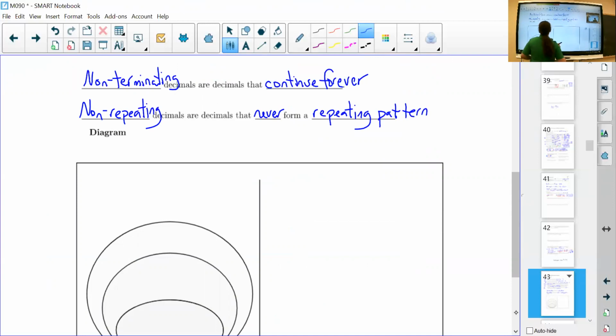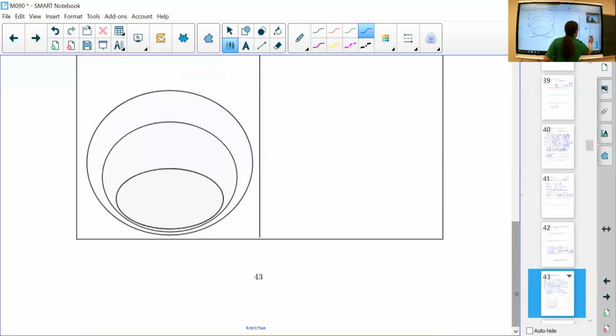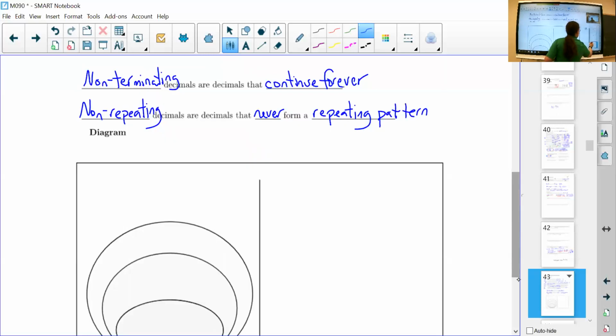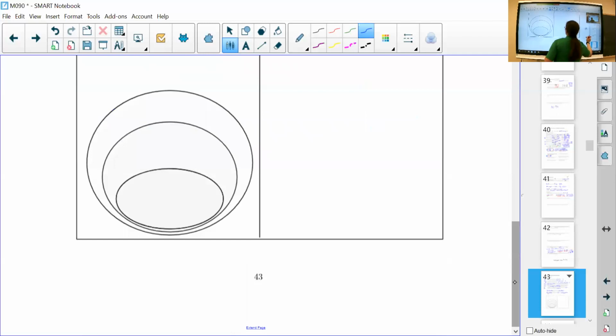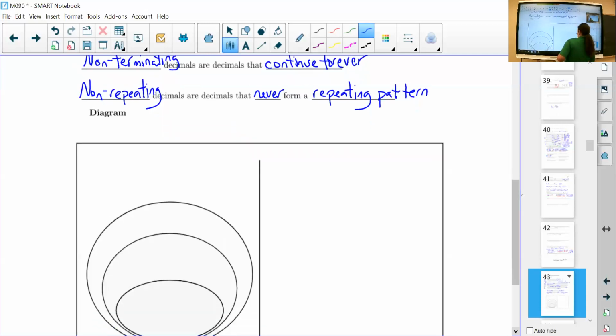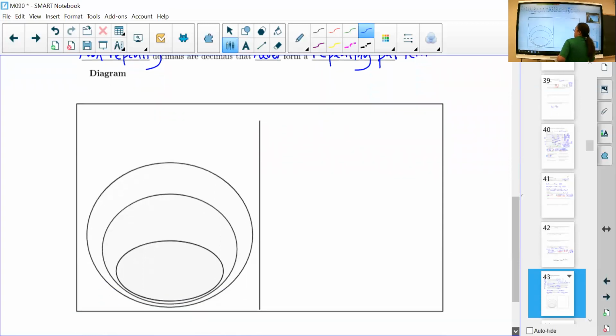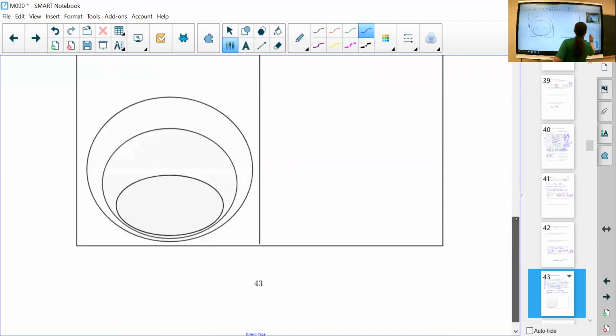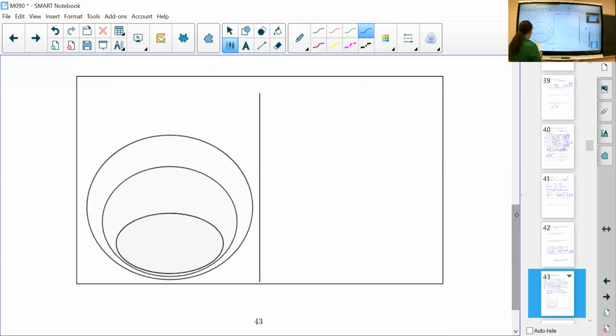Okay, so we've got this diagram. Smartboard is not cooperating. There we go. Had to say something. Okay, so we have the real numbers, or Blackboard Bold R. All of these numbers are real.